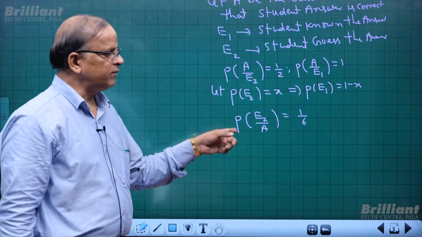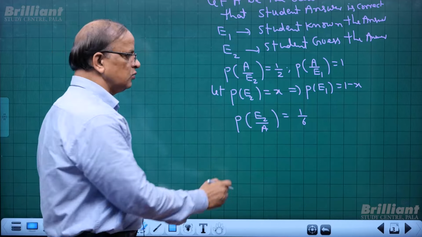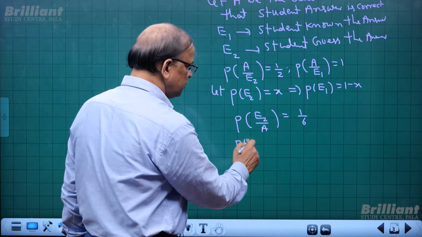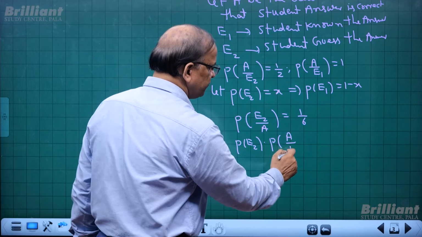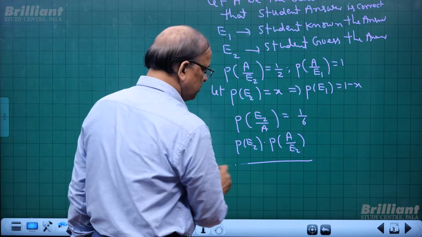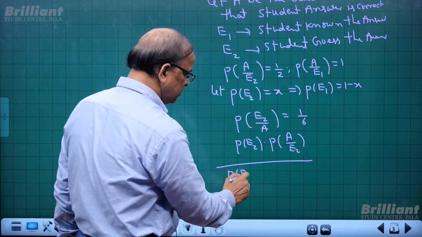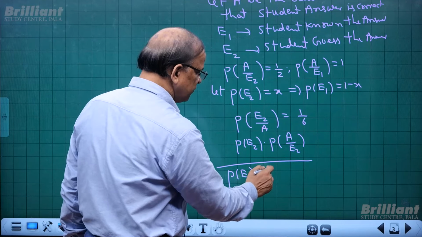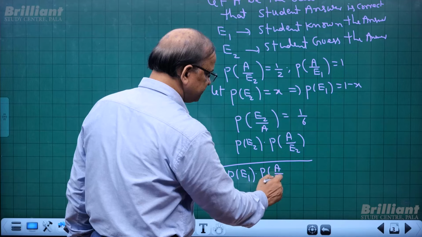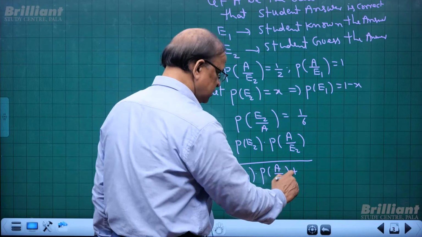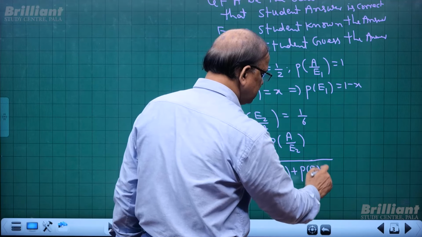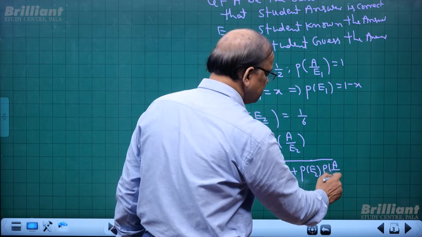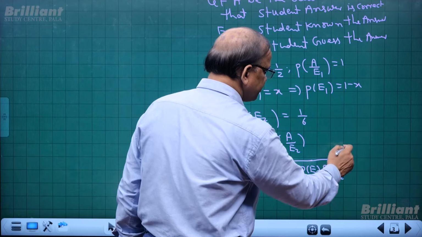But from Bayes theorem, you know, P of E2 into P of A by E2, by P of E1 into P of A by E1, plus P of E2 into P of A by E2. This is given as 1 by 6.